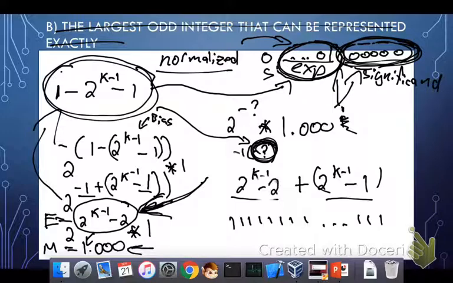That should have been a minus 2, as you see right over here. Okay, I am subtracting a 2 from this. So I will have a 1, a 0, a bunch of 1s, all the way to the end. So my exponent will look like that. It'll be all 1s, except there will be a 0 in the second bit from the left.